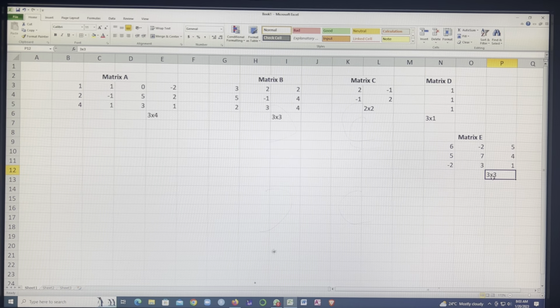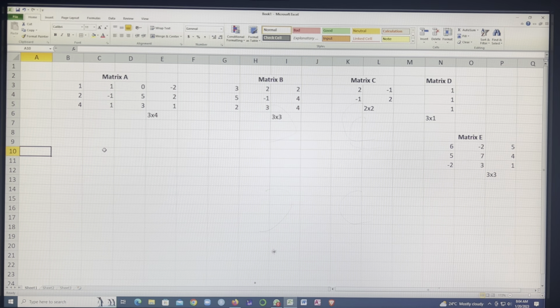Now, these values that are here, I just put them here to indicate that this matrix is a 3 by 3 matrix, just to open our eyes on the dimension of each of them. But it plays no role when it comes to my operation. Okay, so I start with the first one.